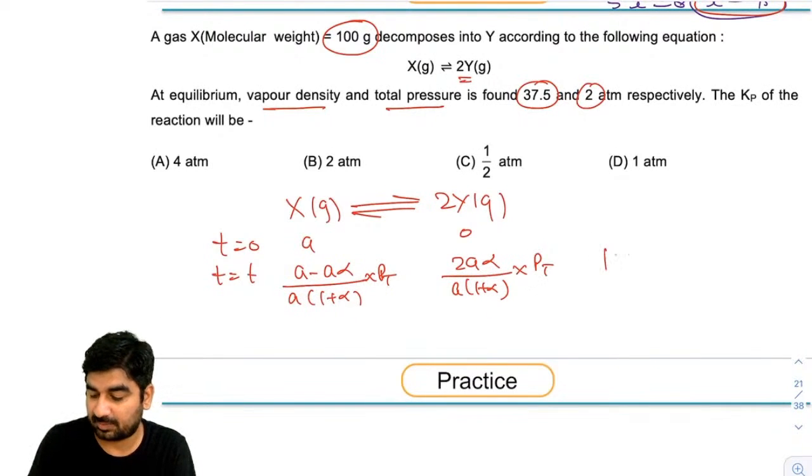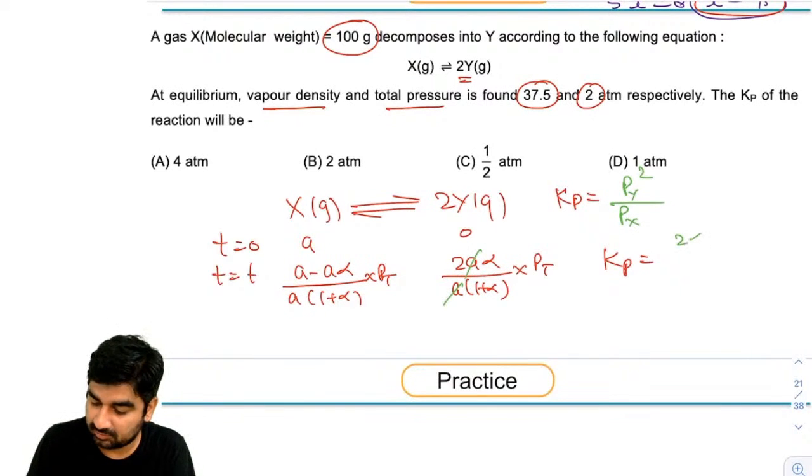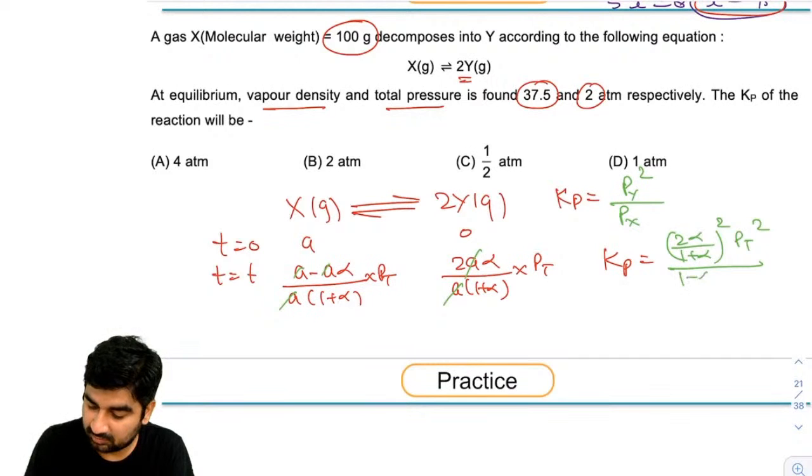So what will be the expression for Kp here? Kp you will write as partial pressure of Y square over partial pressure of X. So A will get cancelled out, 2 alpha into P total, and A will get cancelled out, into P total.